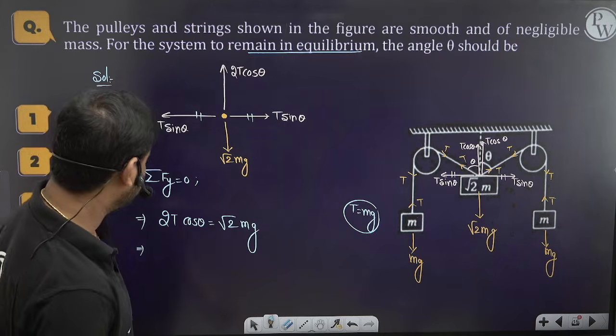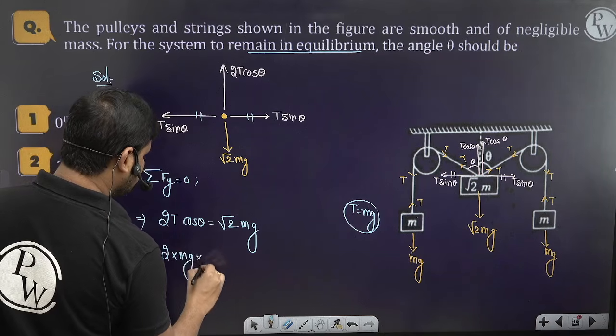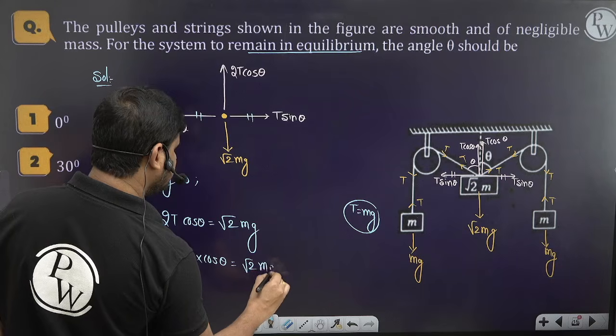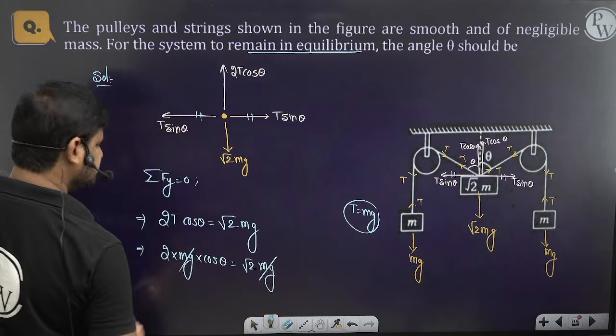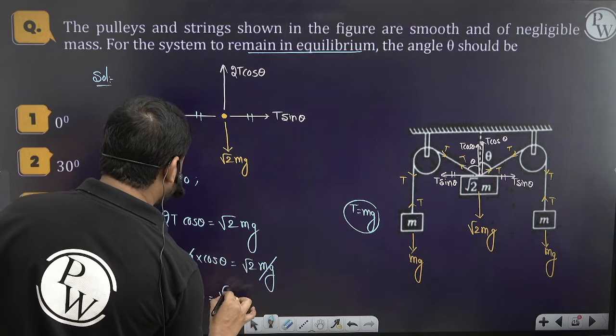So I am writing mg into cos theta is equal to root 2 m into g. Here mg cancels. So cos theta is equal to root 2 by 2.